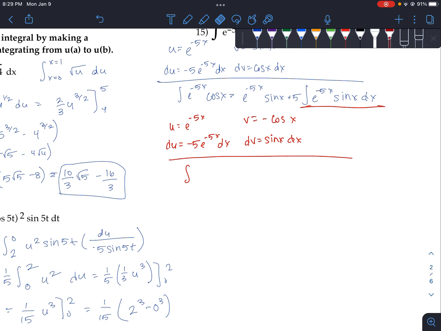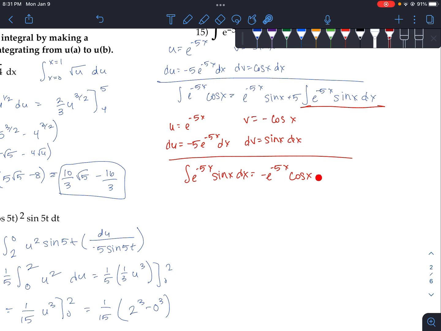One more time. So the integral of e to the negative 5x sine of x dx would be equal to u times v. So those multiplied together, that's going to be negative e to the negative 5x cosine of x minus, I'm going to multiply those together. That's going to be positive, so that's not going to change the sign.